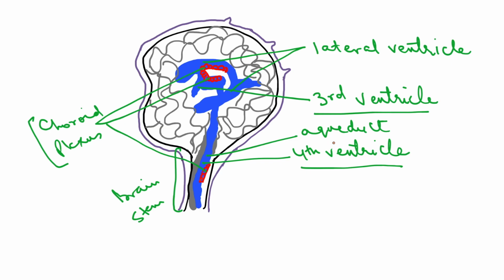So now you can see here the CSF is produced in the ventricles, the lateral, the third, and the fourth, and now it will flow around the brain and the spinal cord. And this will be contained by a layer of meninges called the arachnoid.